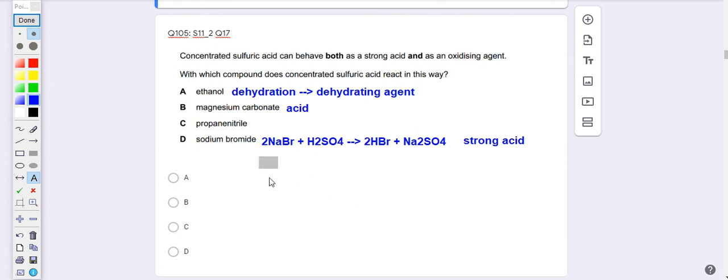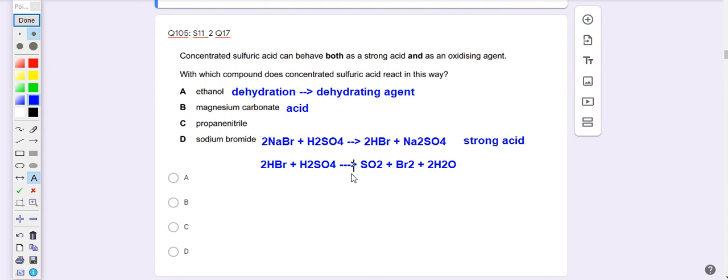Now, HBr can be further oxidized to SO2, then bromine, and water. Now let's try to balance the equation. I should have 2HBr and 2H2O. This is the second step.